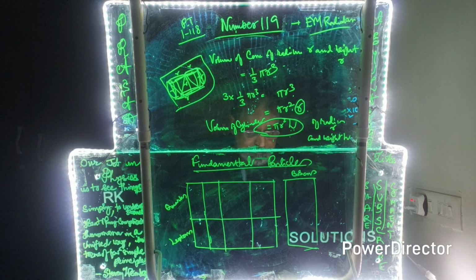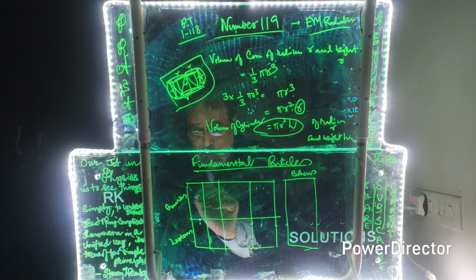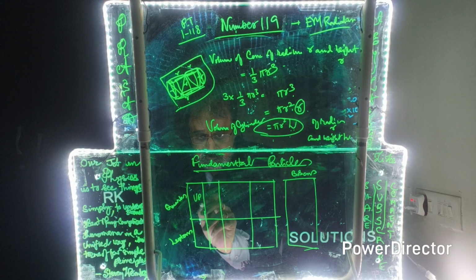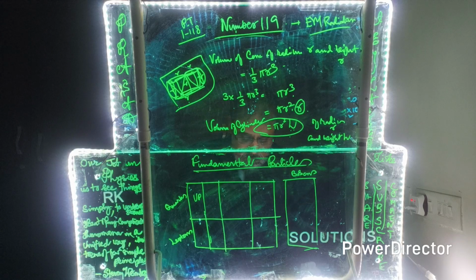Let us not go into it in detail. Quarks will be like the up quark. This is part of the standard model. In the standard model, we have these particles.